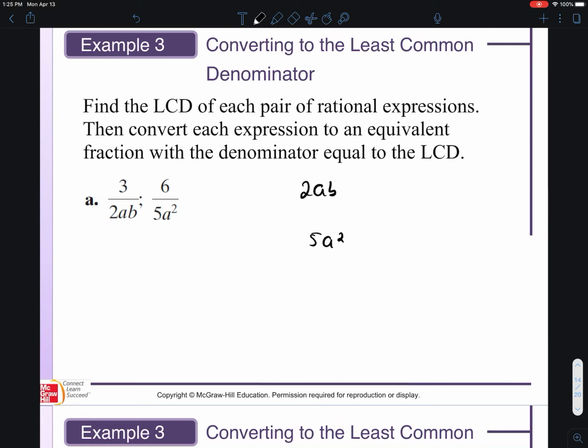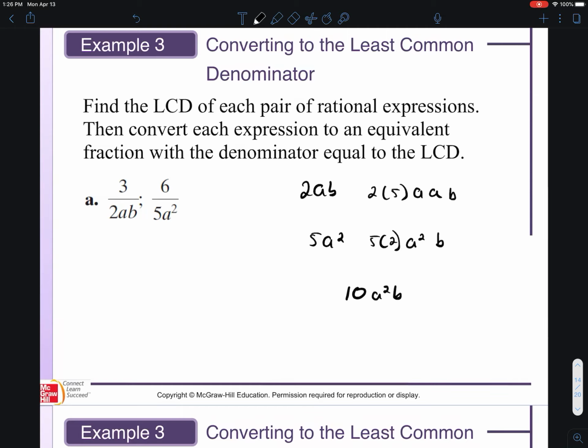And so we're going to see what we're missing. In the top one, I have a 2 and a 5, so I want to give it a 5. And in the bottom one, I'm going to give it a 2. Now this one has an a squared. This one has an a, so I'm going to give it another a. And then the top one has a b, and the bottom one does not have a b, so it's going to get a b.